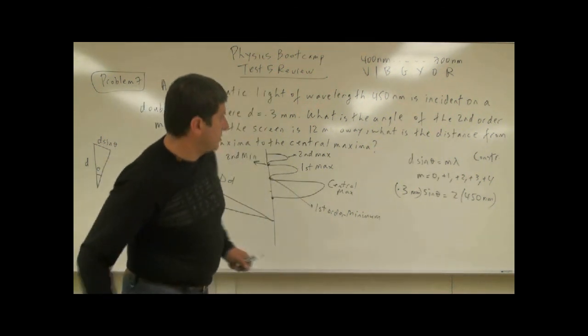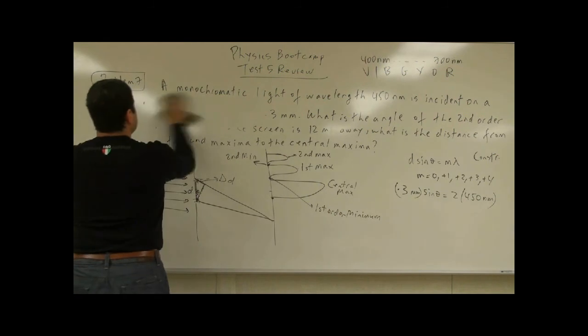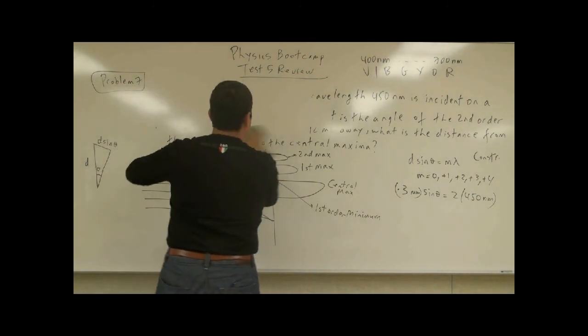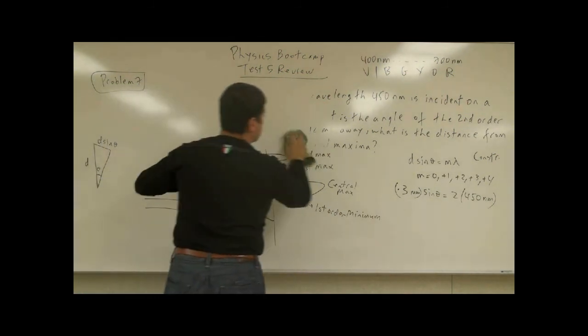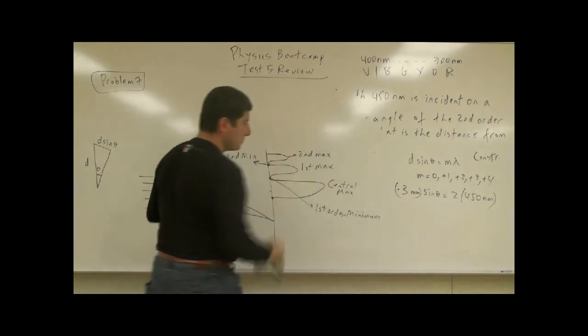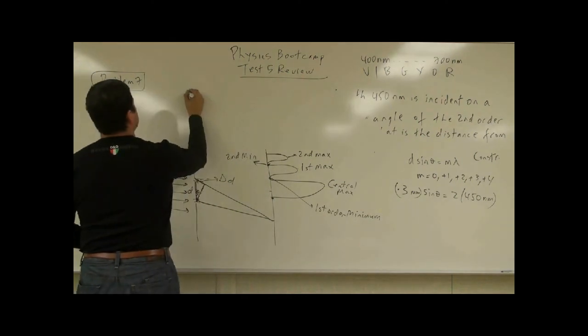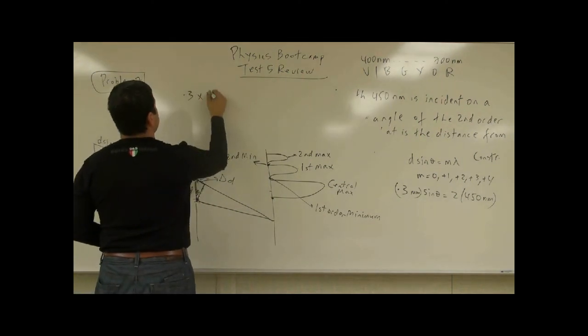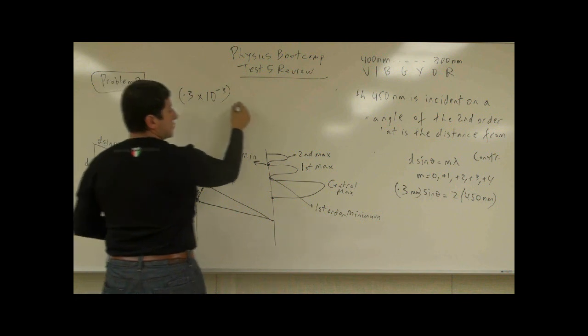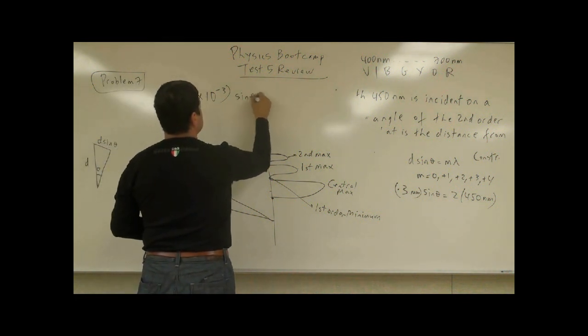Calculate theta. Let me erase this part. So we write this in meters. 0.3, a millimeter is 10 to the minus 3 meters. We have sine of theta.